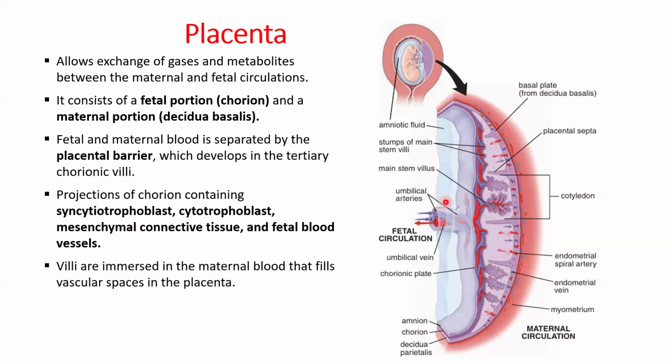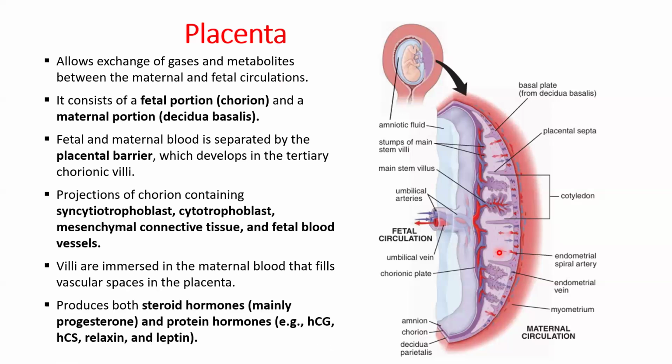And then, to wrap it up, the villi will be found in the blood lacunae, or the blood vascular spaces in the placenta. Through that, it allows the exchange to happen. The placenta's function, apart from nutrition, is that it produces steroid hormones, majorly progesterone, and remember progesterone is the one that maintains pregnancy.